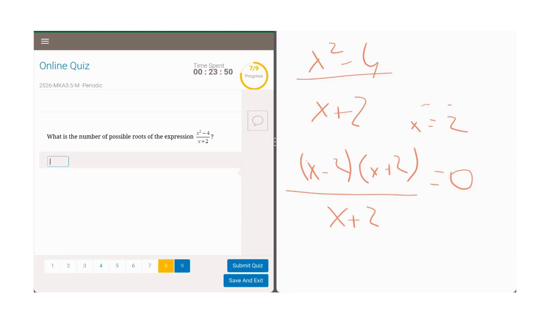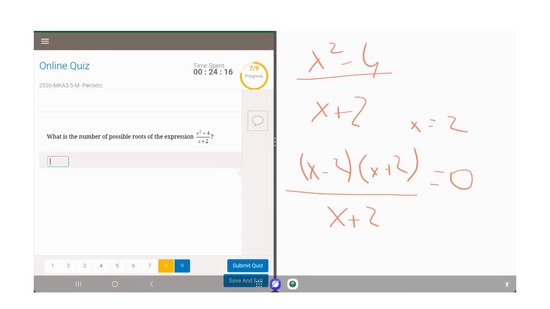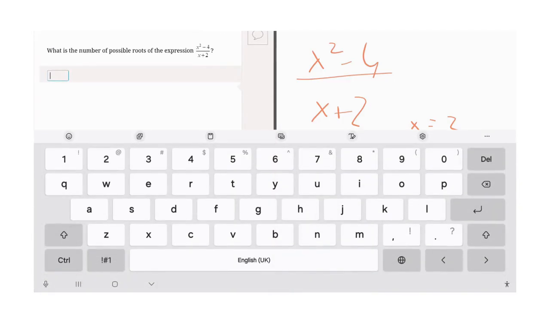Then we try x plus 2 equals 0, so x could be equal to negative 2 as well. So we try on the denominator, so 2 plus 2 equals 4, so it's not 0. So 2 is a root, and then negative 2 plus 2 is equal to 0, so negative 2 is not a root. So the only root is x equals 2, and that is only 1, so there's only one possible root.